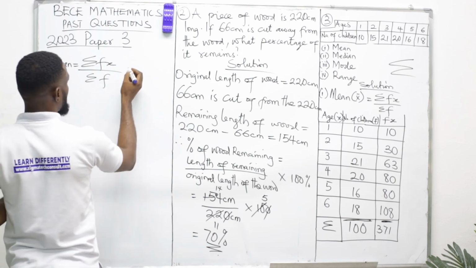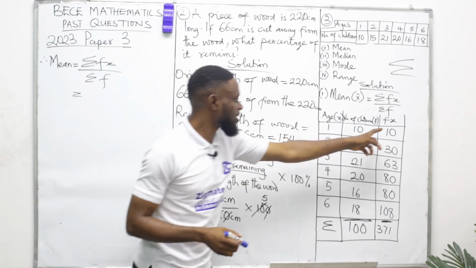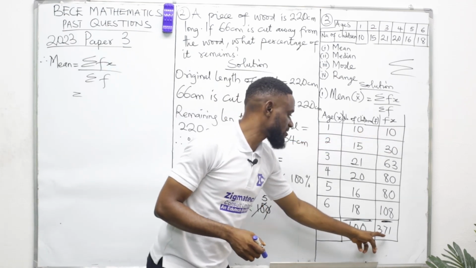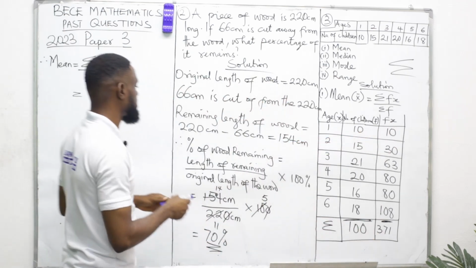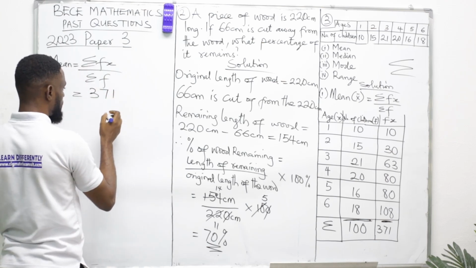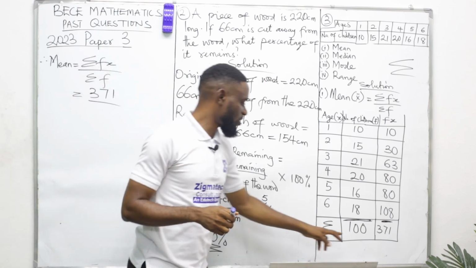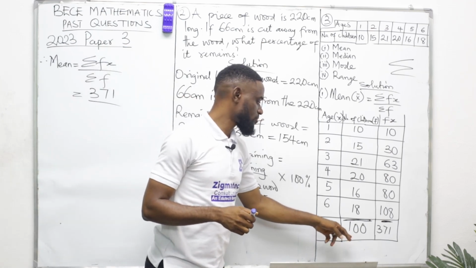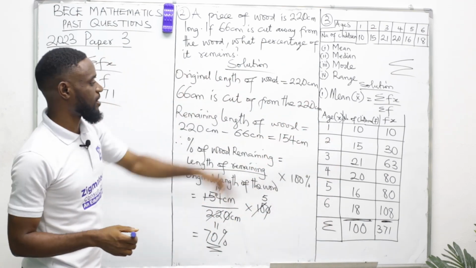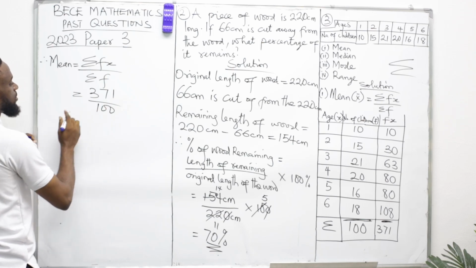Our summation of fx there is this, 371, divided by our summation of f, which is 100, right?